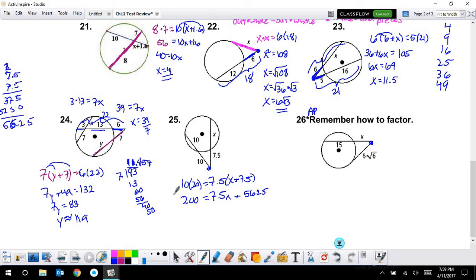So when you subtract 56.25 from 200, you get 143.75. It's going to be 7.5x.